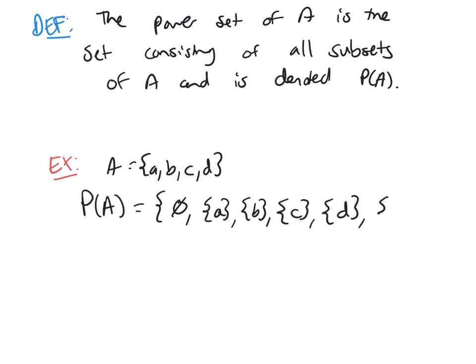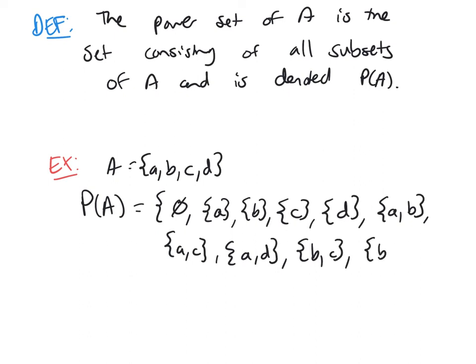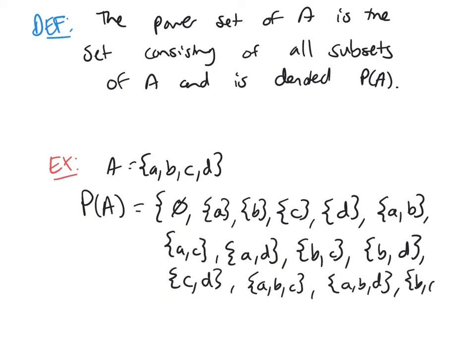Then I have subsets with two elements: AB, AC, AD, BC, BD, and then CD. And then with three elements, ABC, ABD, BCD.